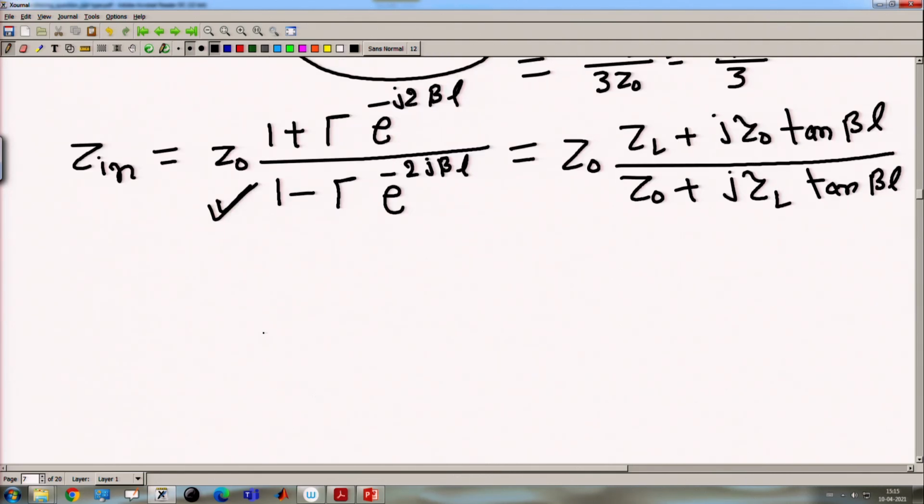So, for gamma in we go through this formula, and Z naught in our case is 2 Z naught.